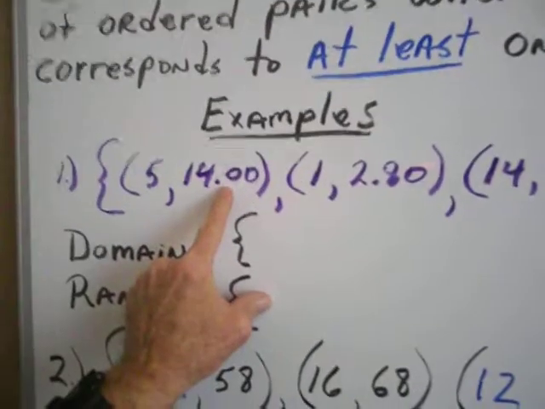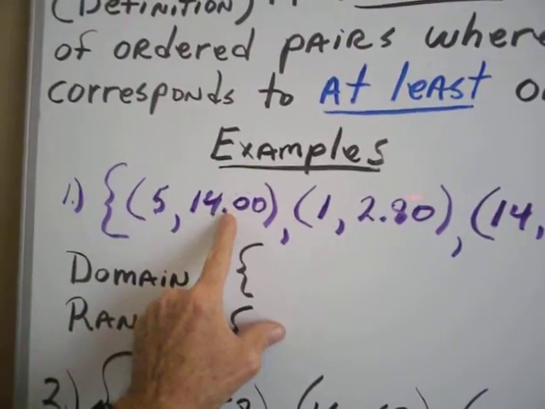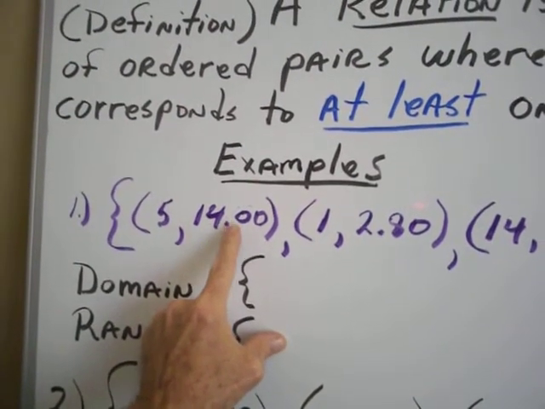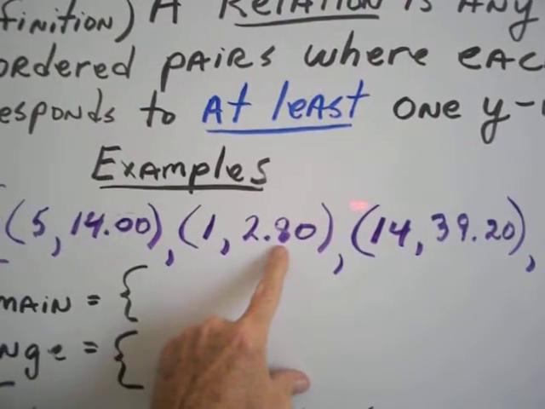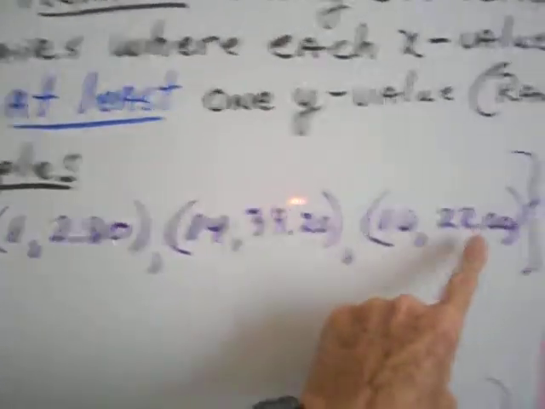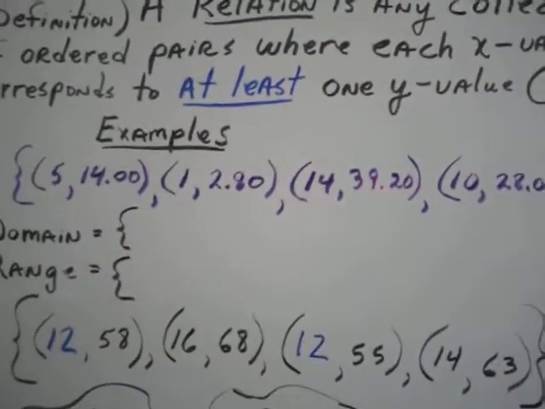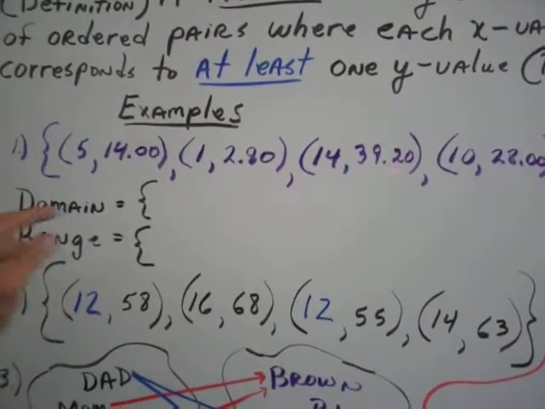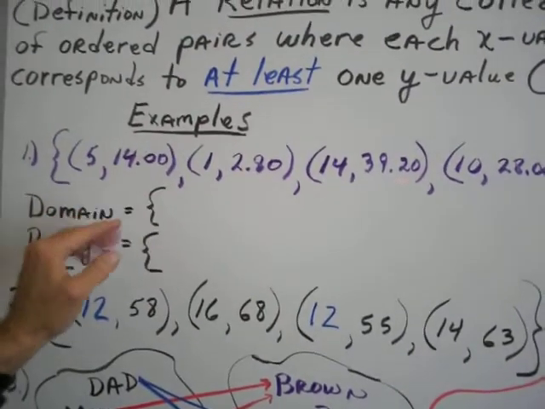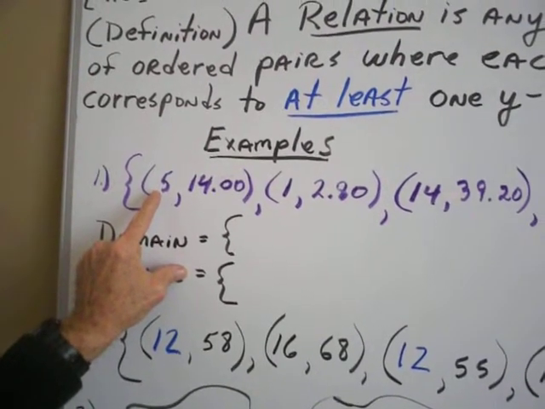The y values, the range values, depict the cost of gasoline: $14, $2.80, $39.20, $28. The cost of gasoline is related to the number of gallons that you put in the tank.